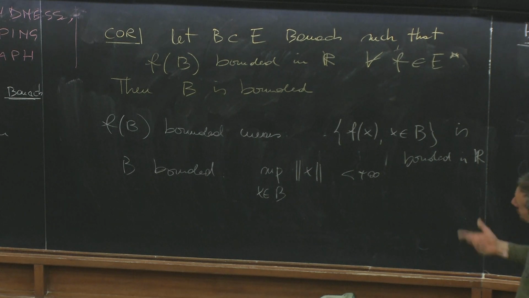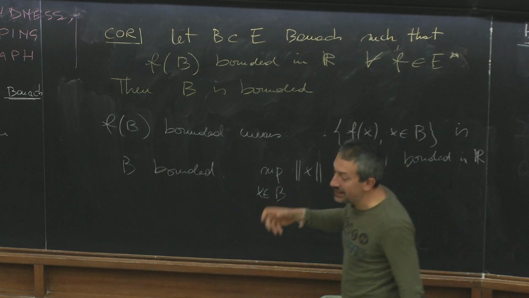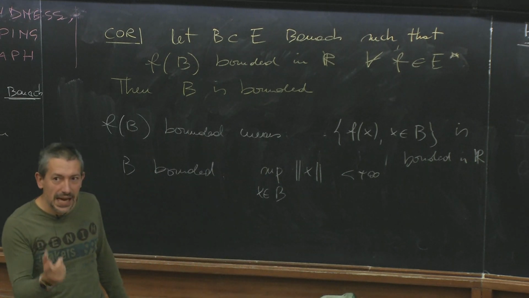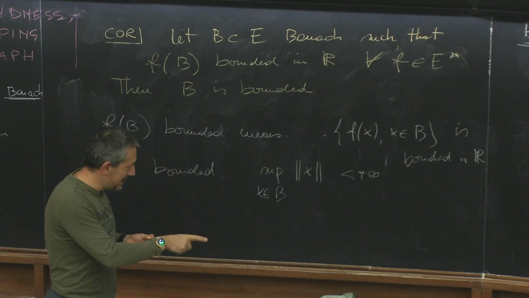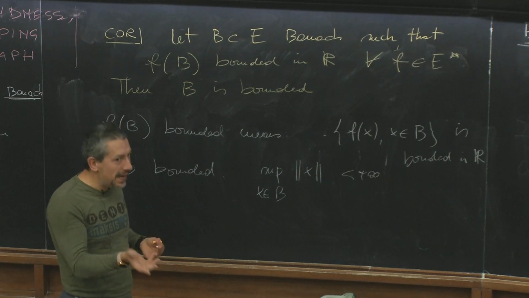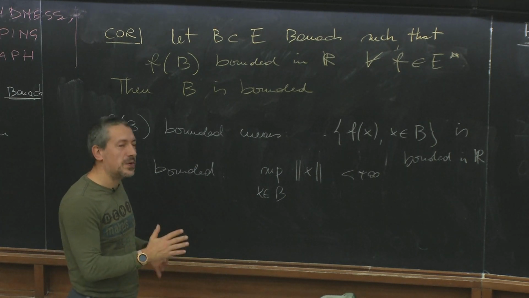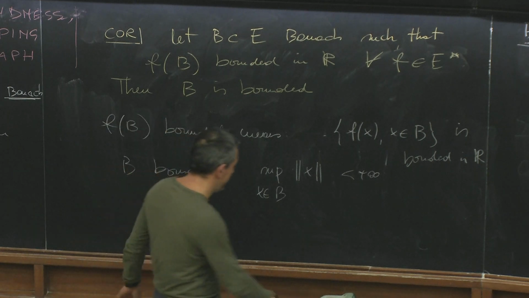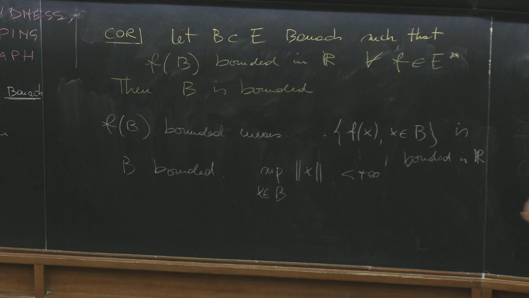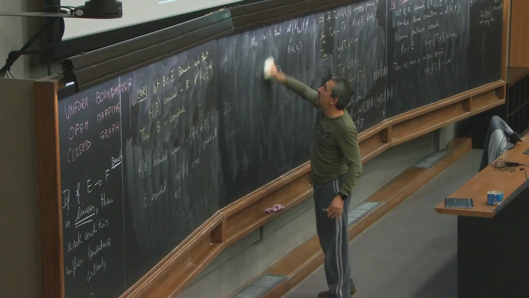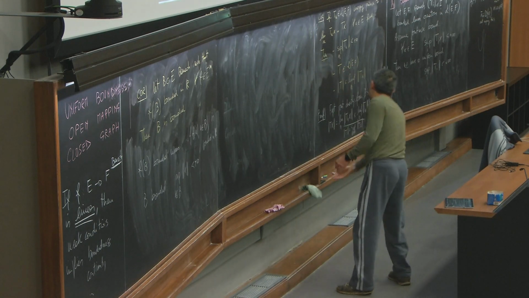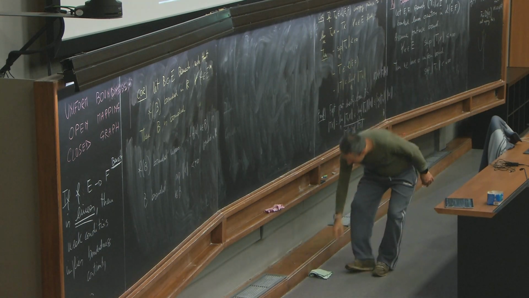One may suggest: I have a sequence of x which diverges. However, the functional f which gives you the norm of that particular x depends on x. So it doesn't work. Instead, it is a corollary of this statement.